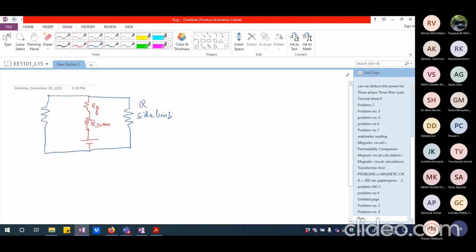If I calculate the reluctance of side limb, each of them, because both are coming in parallel, I'll get half of that reluctance as the resultant reluctance of limb 1 and limb 2. Limb 1 and limb 2 are identical, so they will not have much difference. So I can calculate, first of all, the reluctance of side limb.